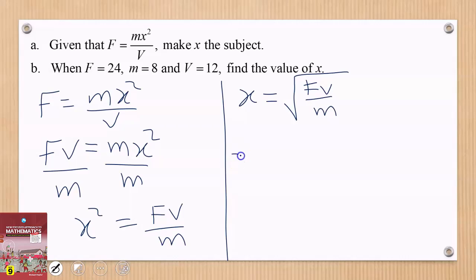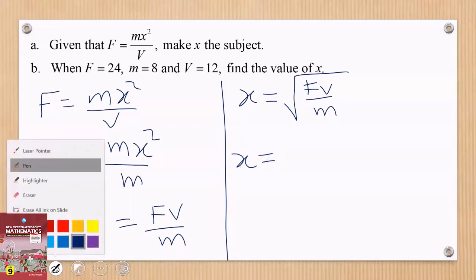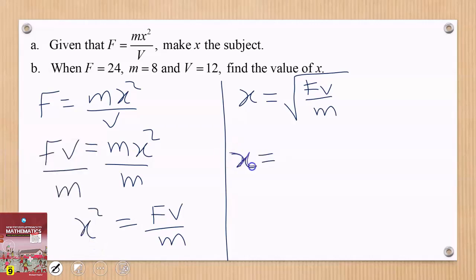Now, if the question has given you the value of f to be 24 times the value of v to be 12, all divided by m is 8, then we can simplify this.